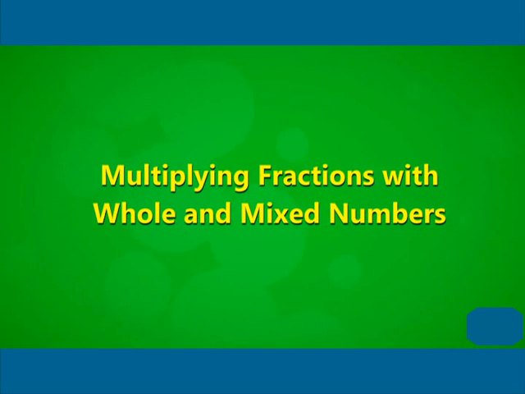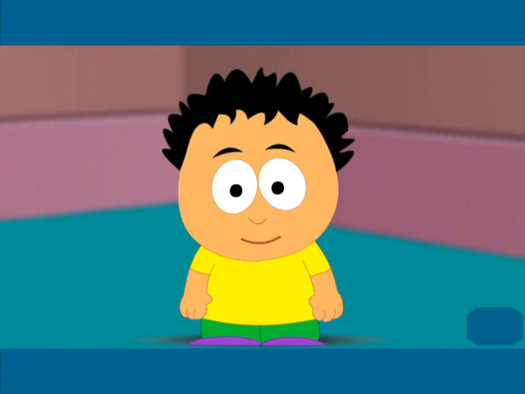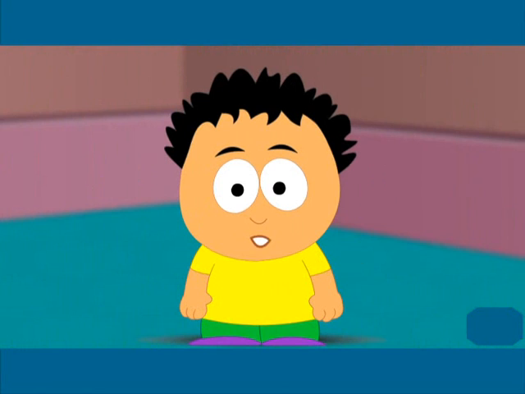Multiplying fractions with whole and mixed numbers. To multiply a fraction by a whole number, write the whole number as an improper fraction with a denominator of 1, then multiply as fractions.